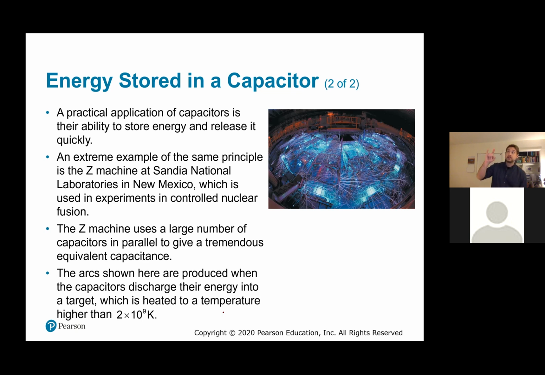Okay, so 10 to the 3 would be 1,000. 10 to the 6 would be million. 10 to the 9 is 2 trillion Kelvin. As a result of the energy that we've stored in this capacitance arrangement.